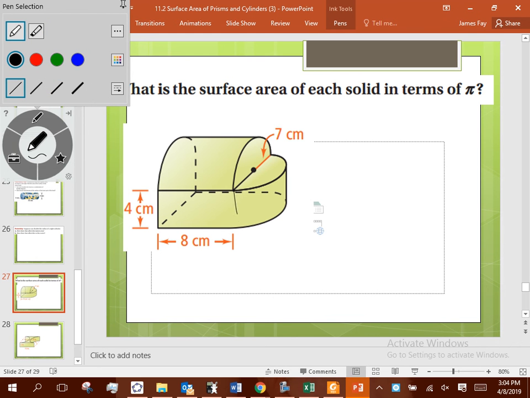Now, that area is also going to be right here. It's going to be that rectangle that is on the inside. Can you reach in and touch that? So do I add that area in? No. Okay. But there is an area yet that we have not talked about, which would be this bottom one. It'd be that area right there. That'd be 8 by what? 8 by 14. We can find that area, right?